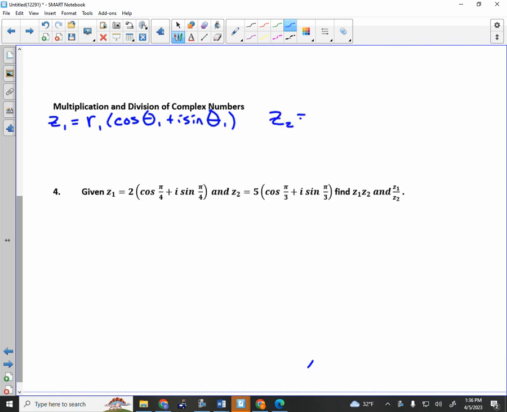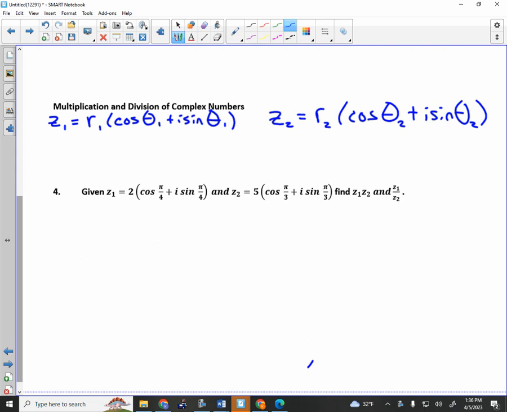So z sub 2 is r sub 2 times the cosine of theta sub 2 plus i sine of theta sub 2. So all I've done is I've just written that we have 2 distinct trigonometric numbers here, okay? Everybody good?